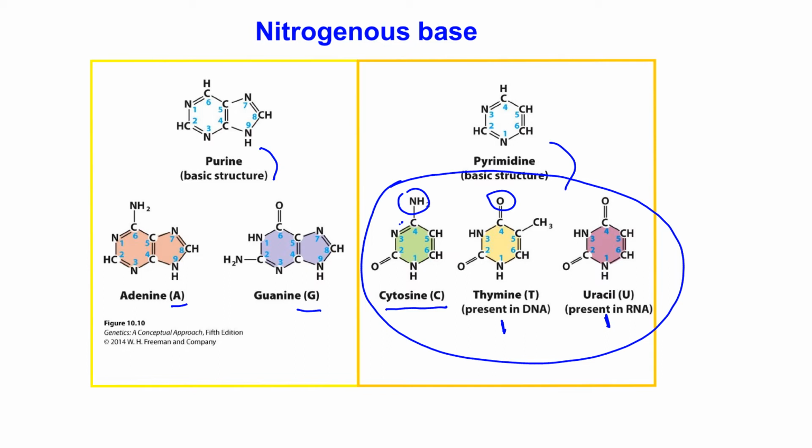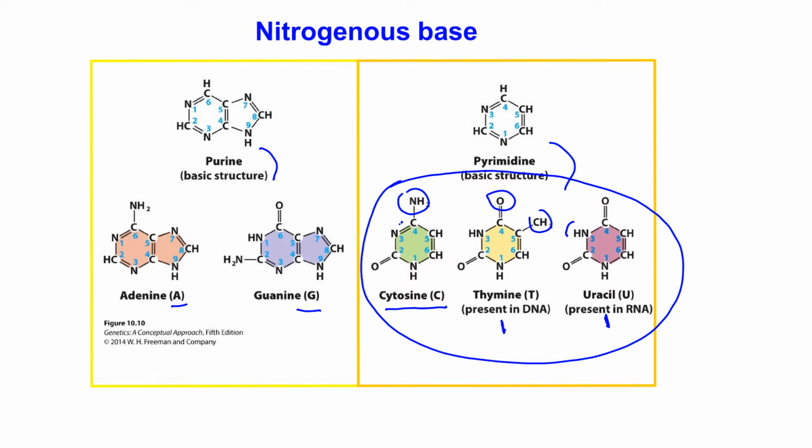So those are the differences between these 3 pyrimidines, and the same applies for the 2 purines. A nitrogenous base always forms a covalent bond with the 1' carbon atom of the sugar in the nucleotide.